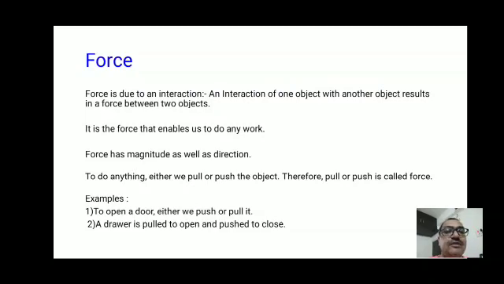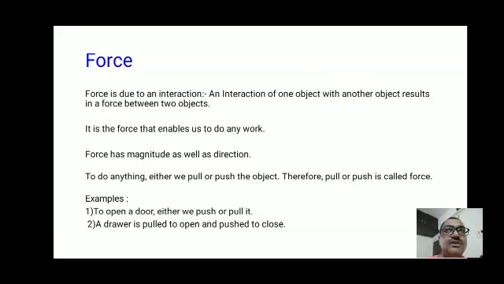Students, it is force that enables us to do any work. Due to force we are able to do various activities. If force is not acting on an object, then we are not doing so many activities. For example, we are not pushing any object from one place to another if force is not acting on it.